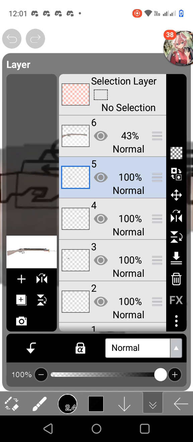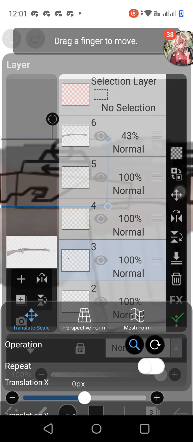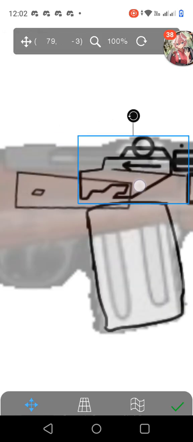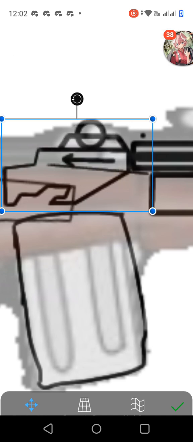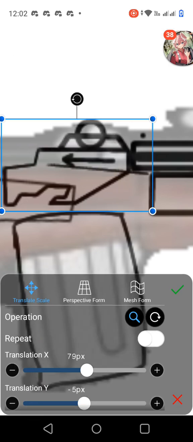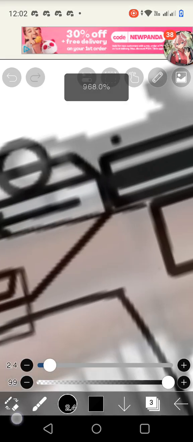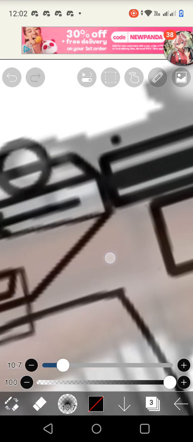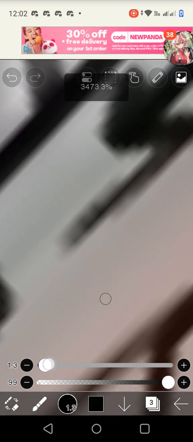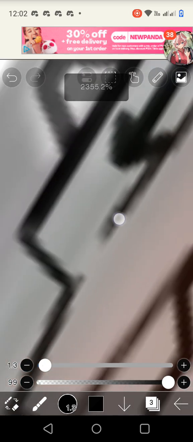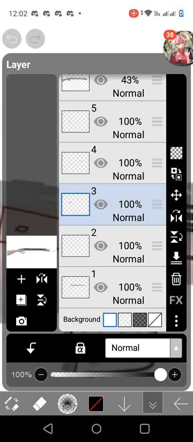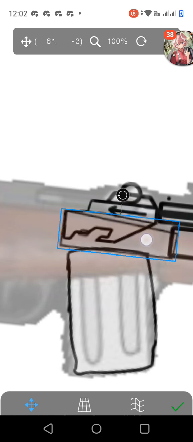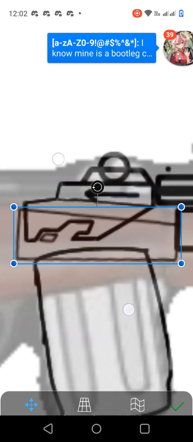How far front do I need it? Oh, it's supposed to be sitting like that against the receiver.